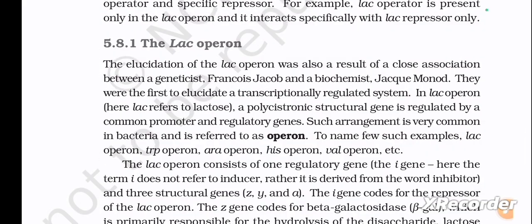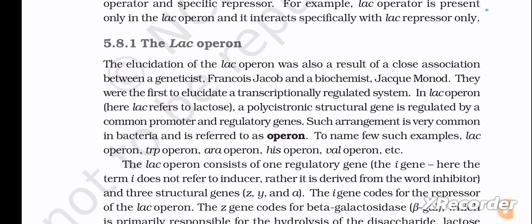Next is 5.8.1, the lac operon. The elucidation of the lac operon was also a result of a close association between a geneticist, Francois Jacob, and a biochemist, Jacques Monod. They were the first to elucidate a transcriptionally regulated system. In lac operon, here lac refers to lactose.